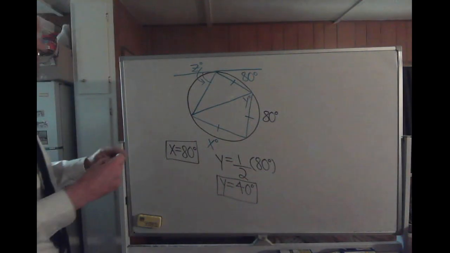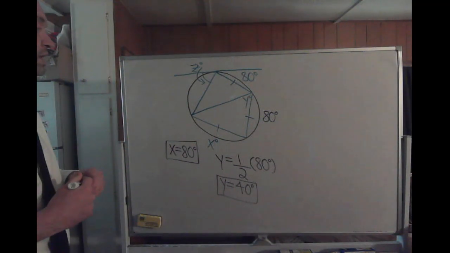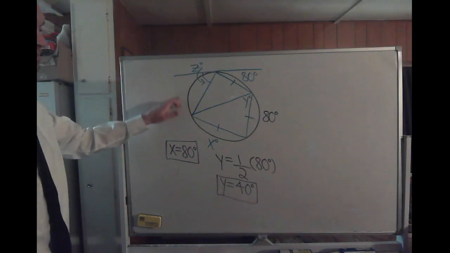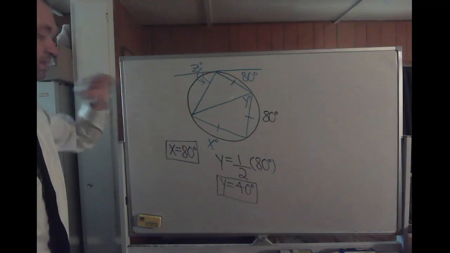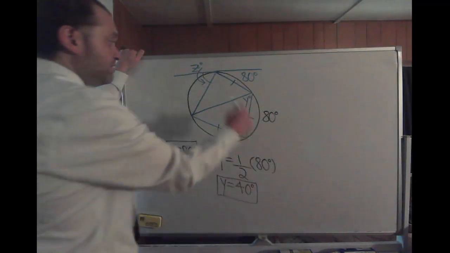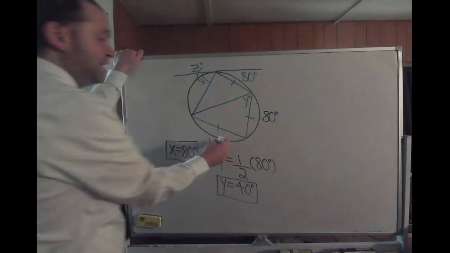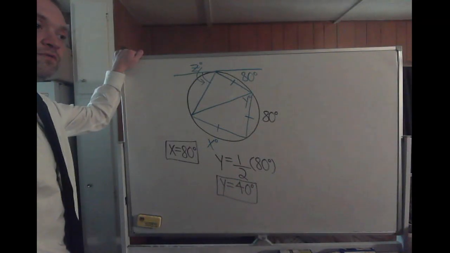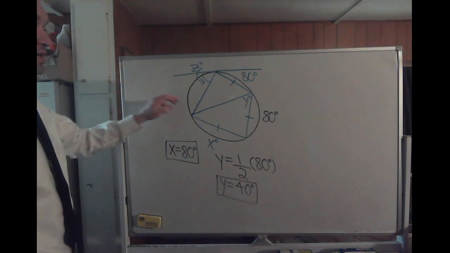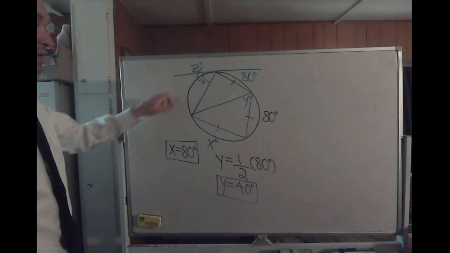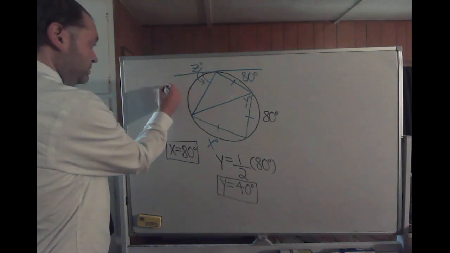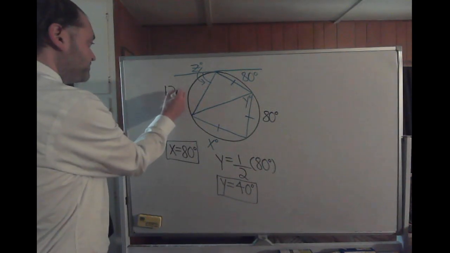And then to solve for z, first we need to find this missing arc, right? If we have 80 plus 80 plus 80, what does that give us? 240, doesn't it? Well, if you take 360 minus 240, you would get that this missing arc here is 120 degrees.